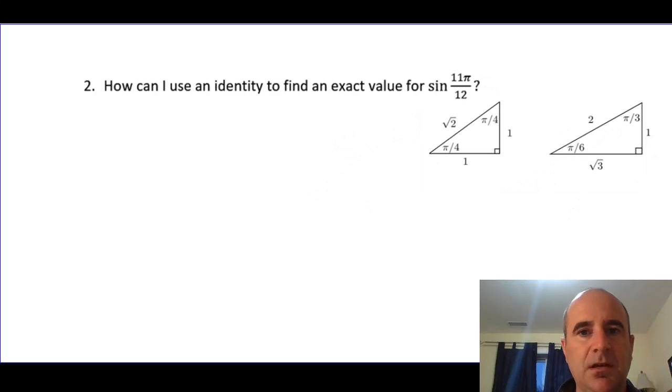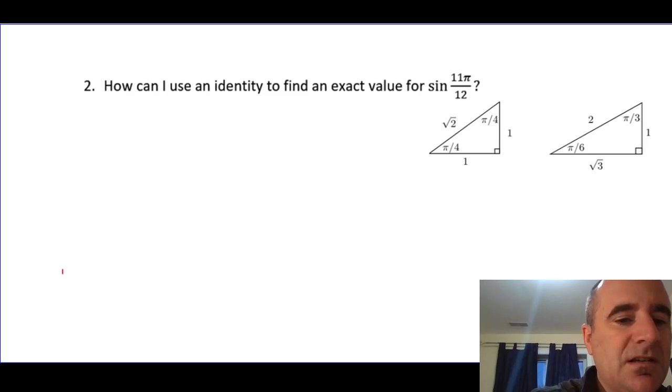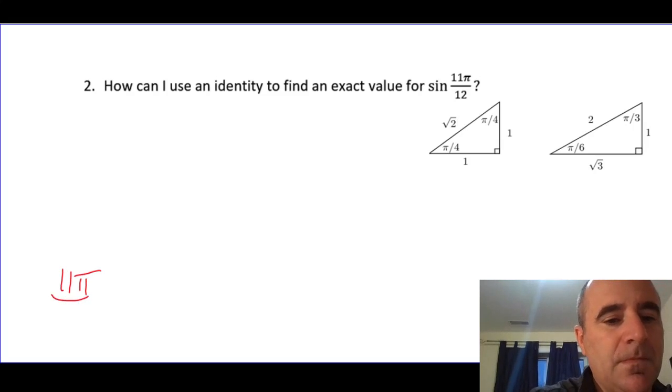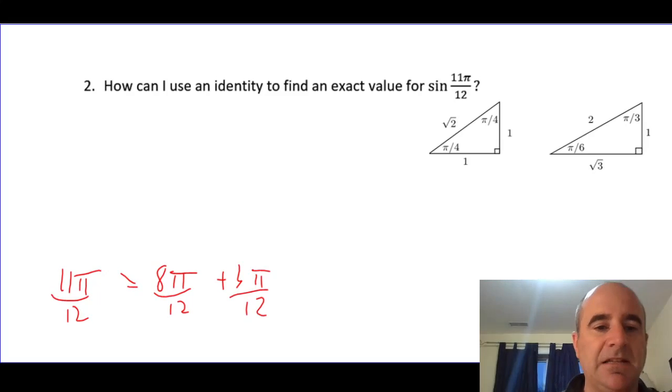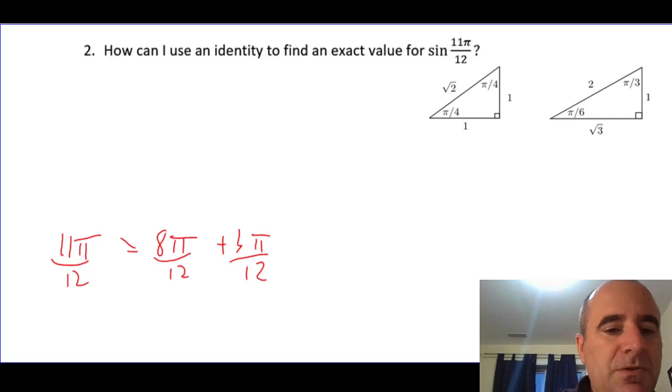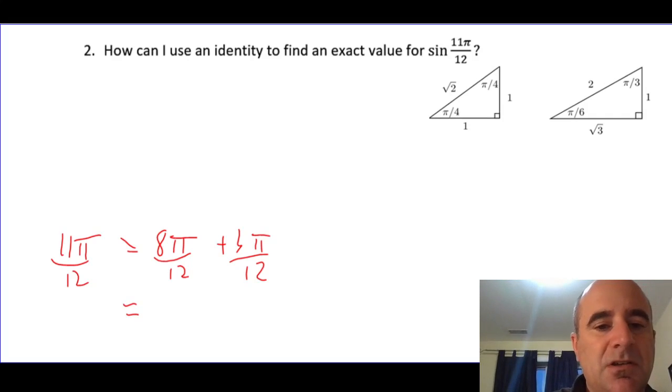Now, obviously, 11 pi over 12 is not one of the angles we have in those triangles, but I can break 11 pi over 12 up just like this. 11 pi over 12 could be written as 8 pi over 12 plus 3 pi over 12. And I like that because 8 pi over 12 reduces to 2 pi over 3, and 3 pi over 12 reduces to pi over 4.